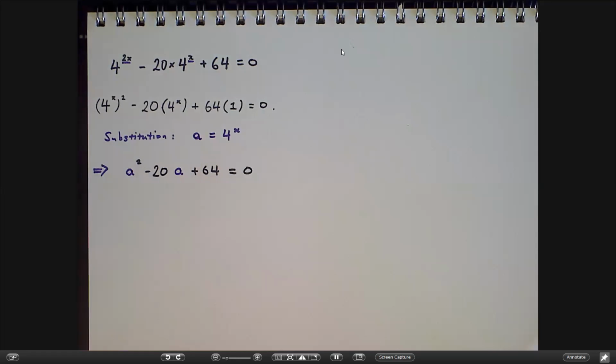Now, some of you might be starting to see why that's actually a really useful thing to do. Because we've just taken this horrible thing, which is an exponential equation, and turned it into a quadratic equation.